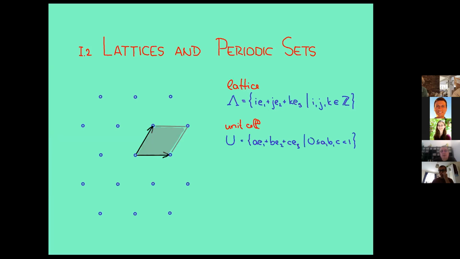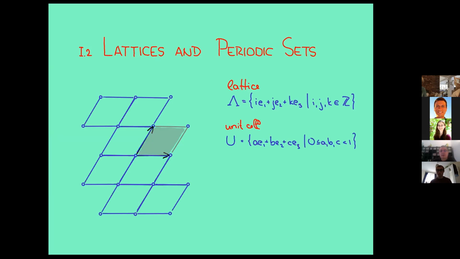If I look at the parallelogram spanned by the 2 basis vectors, we call this the unit cell. And its volume in particular is very interesting because I can tile the entire plane or space with copies of this unit cell. So this volume is characteristic for the lattice.